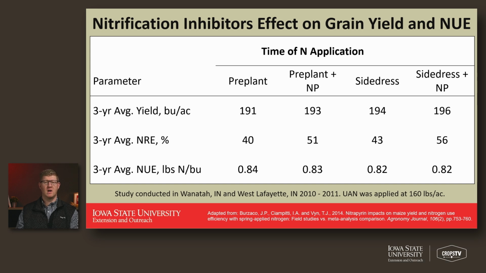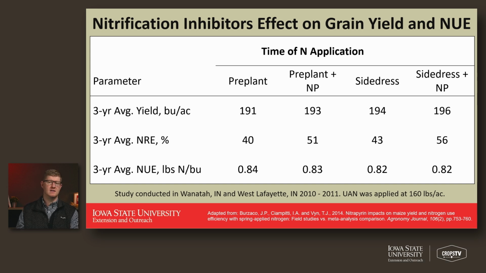The easiest way to describe what that means is if you look at that first column there, the number 40. So imagine that we had put 100 pounds of nitrogen down on this field. What that 40 means is that 40 pounds of that 100 actually made it into the corn crop.